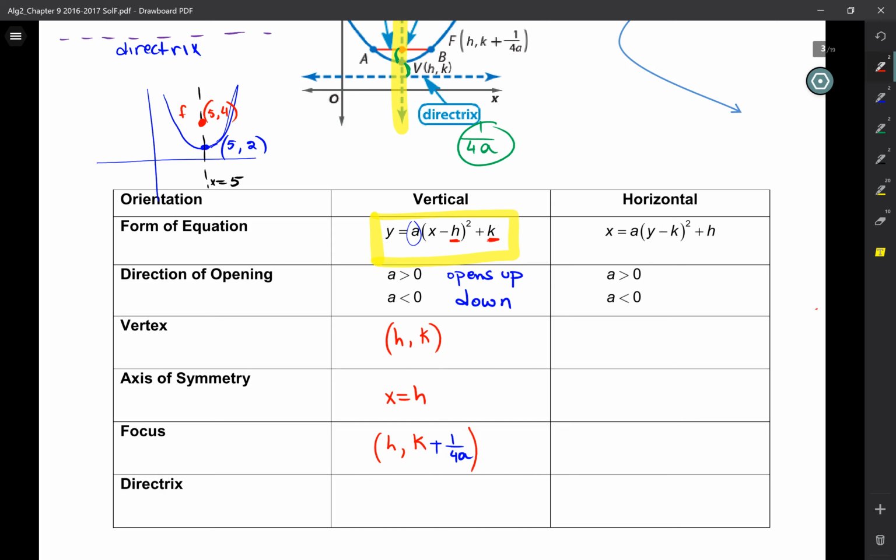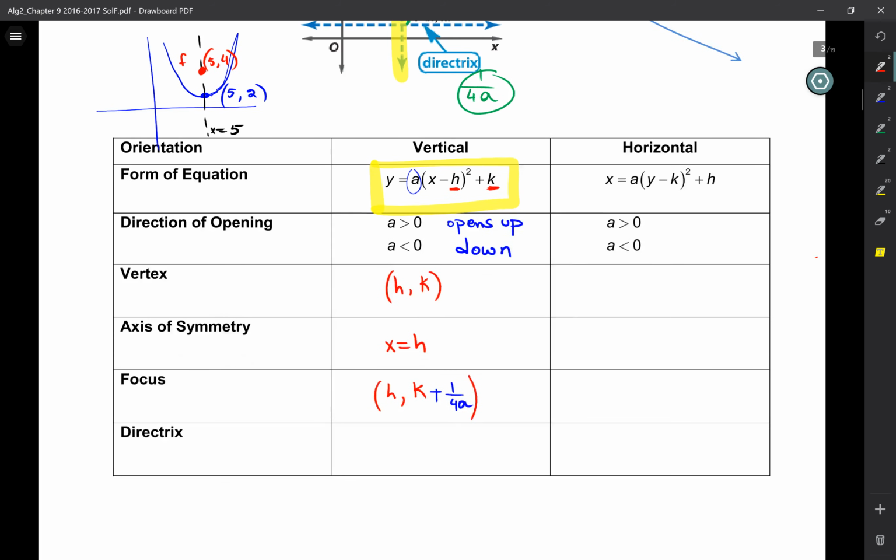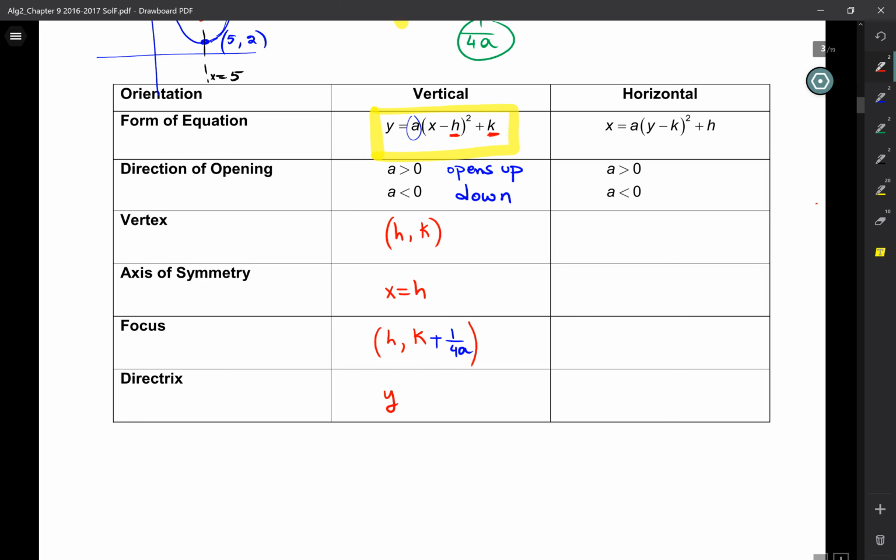Down the same number. So for the directrix, it's going to be y equals k minus 1 over 4a.